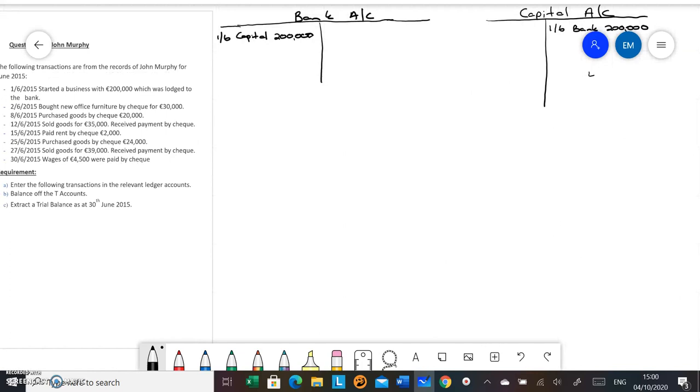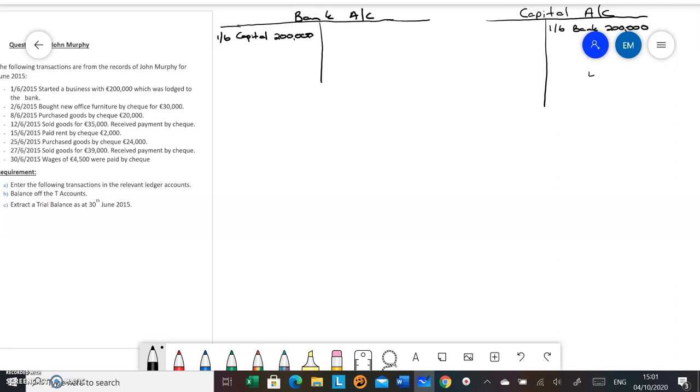Okay, so on the 2nd of June, John bought new office furniture by cheque for €30,000. So when you see it's by cheque, that means there has been an impact on the bank account. New office furniture is an example of a fixed asset. It's an asset that the company owns for the purpose of the business.